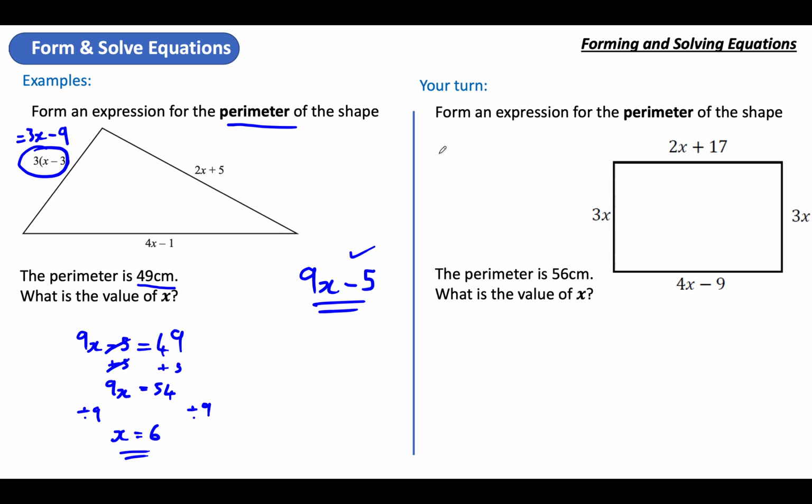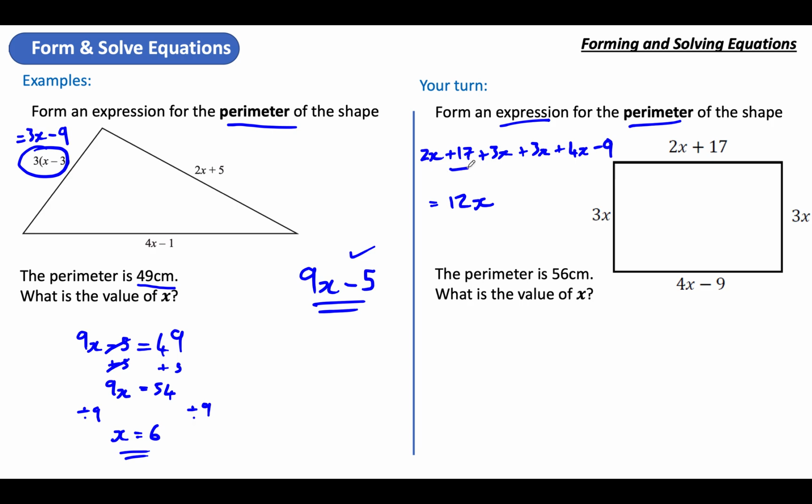Okay, unpaused. Form the expression, so it's a bit of algebra, for the perimeter. Add all four sides together. 2x plus 17 plus 3x plus 3x plus 4x, take away 9, equals 2 plus 3 is 5, 6, 7, 8, 9, 10, 11, 12x.